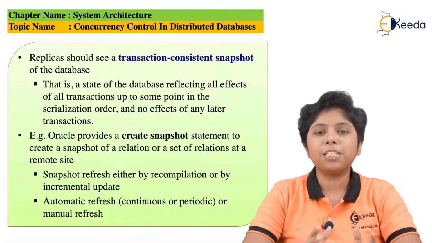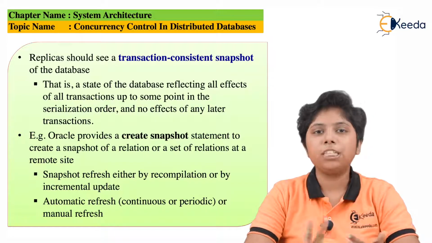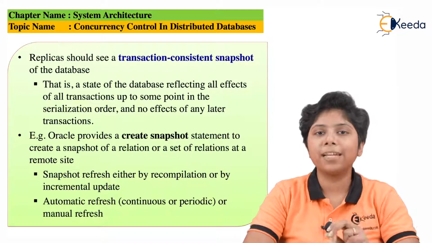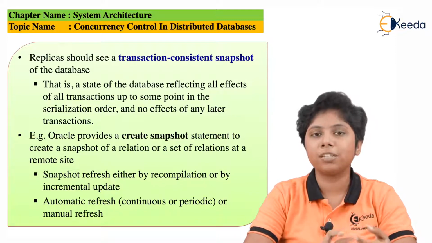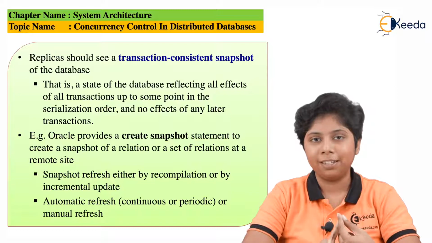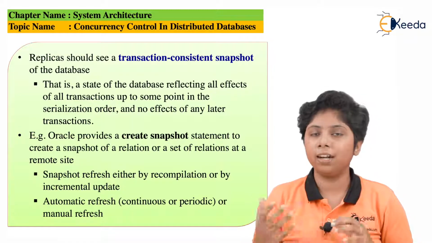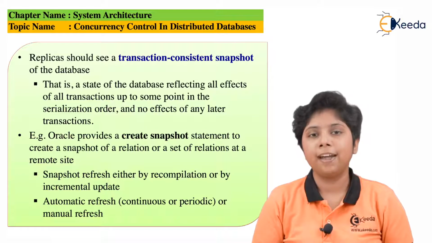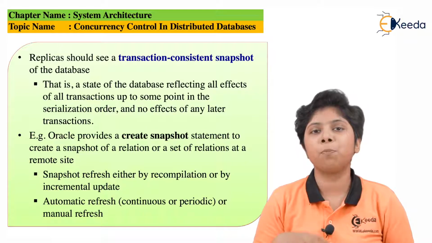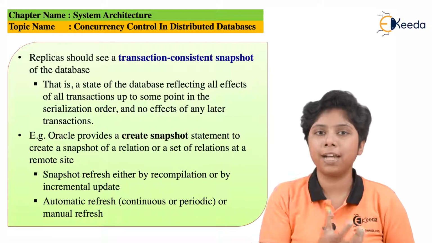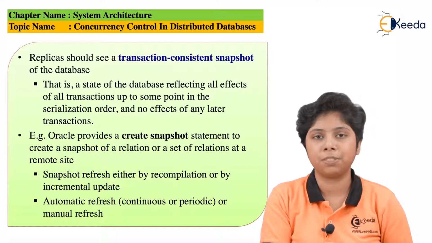Now the database can be configured in two approaches: it can propagate the update immediately, or it can delay propagating the update. That means at the master side all the updates are made, either on read or on write operation. Now the write updates are propagated to the slave sites as replication.